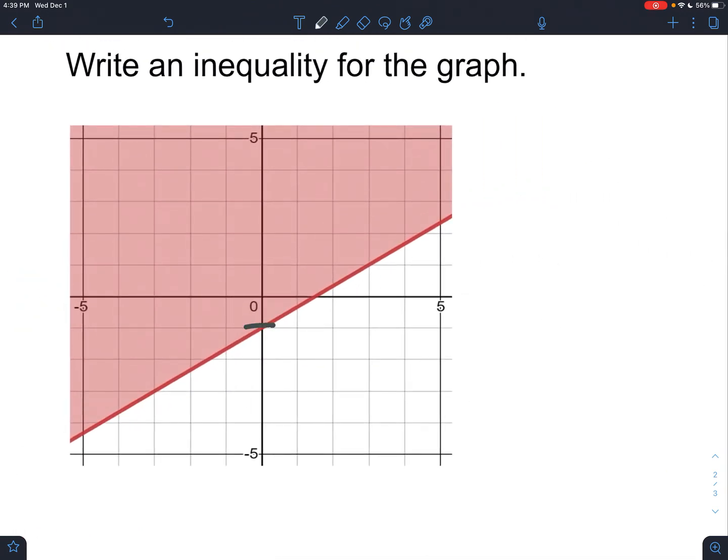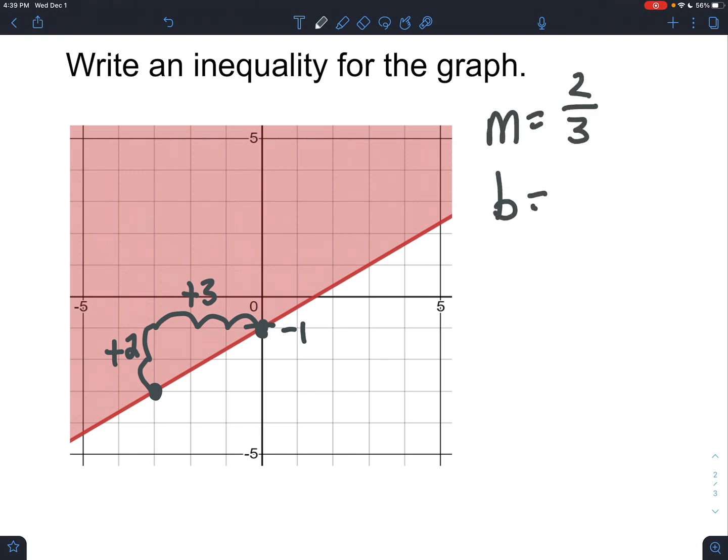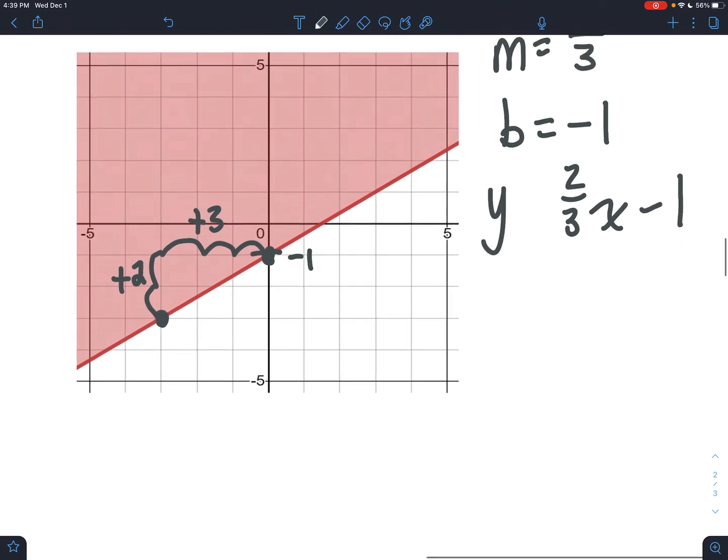So let's practice that again. That wasn't very smooth. Let's try that one more time. So this is -1, and we need to find the slope of this. So I want to pick 2 nice points, go up 2 over 3. So the slope is 2 over 3, and the y-intercept is -1. So I can set up basically the whole answer, but I don't know which of the signs this is.